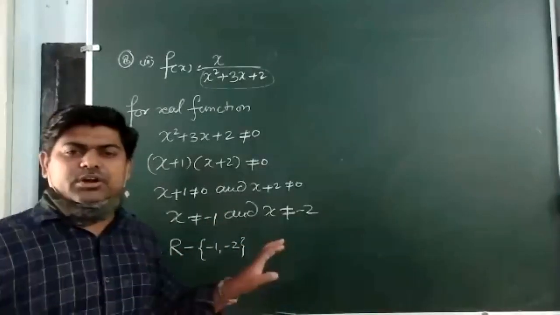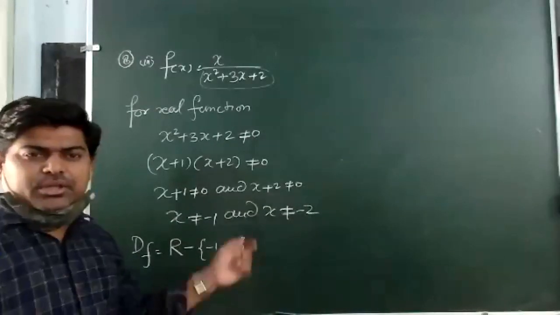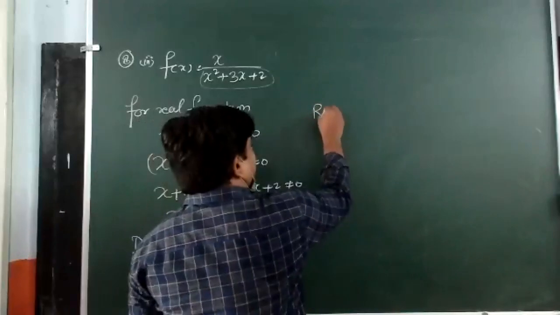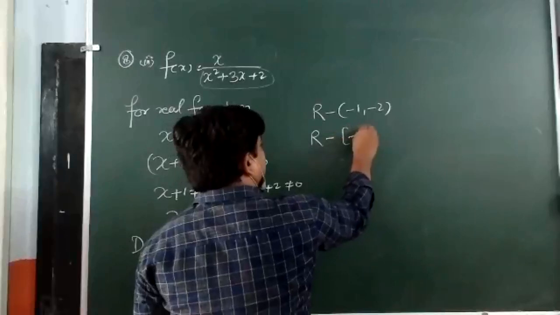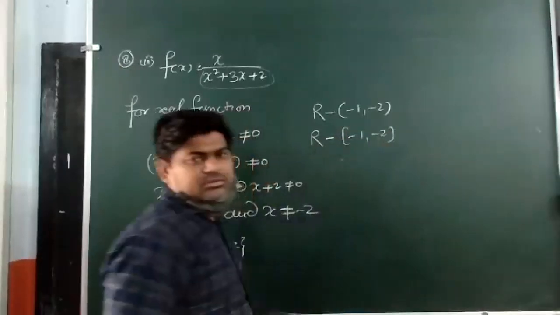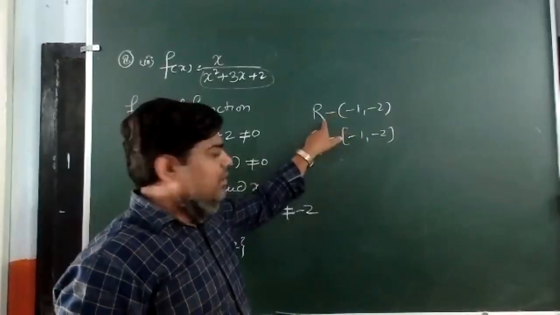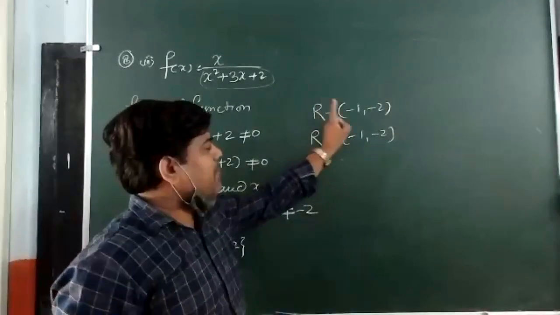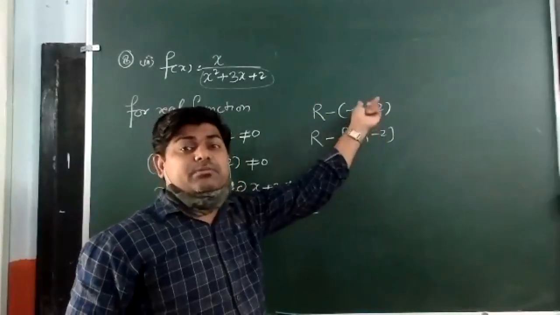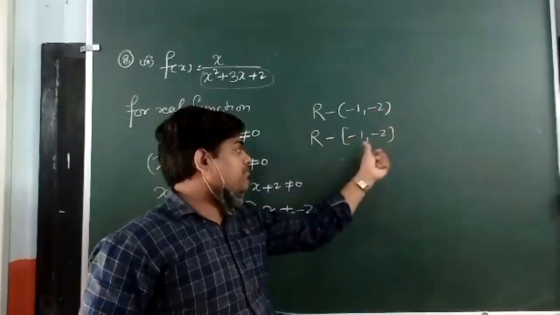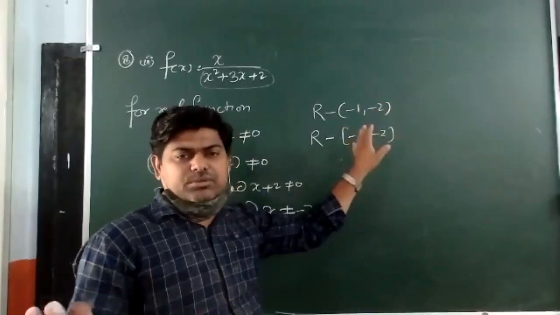Listen to me very carefully what I want to say. Here you have to use curly brackets. You can't write like that, -1, -2. It means all the real numbers except -1 to -2, all the values belonging between -1 and -2, that is not defined.